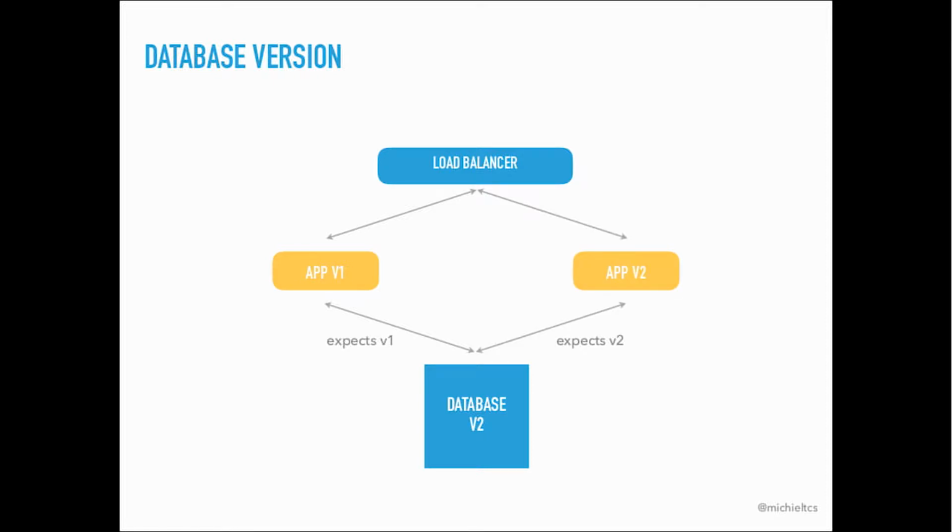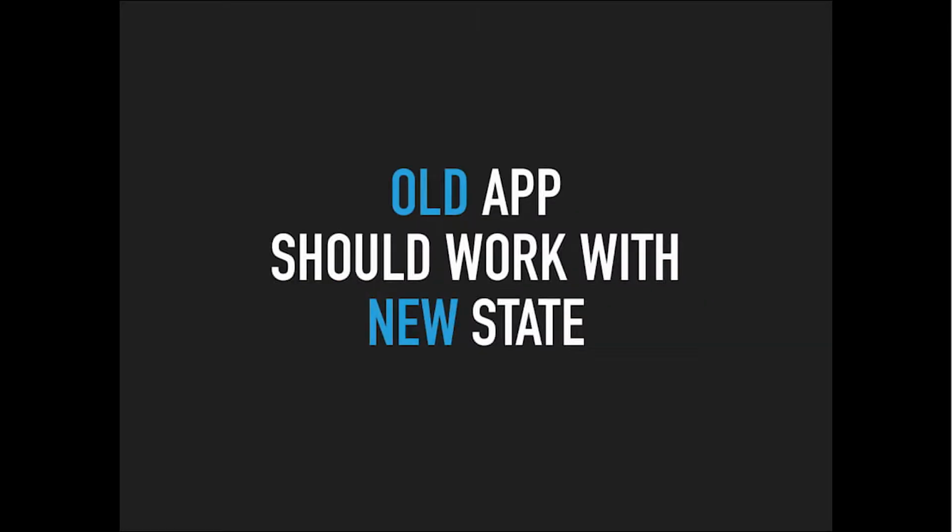But we are also deploying app v2, which expects v2. So there's a window in time where we have 2 versions of our application running, and they both have a different expectation on what the database should look like. This doesn't work, of course. Now, what then is required is that the old application should work with the new state of the database.